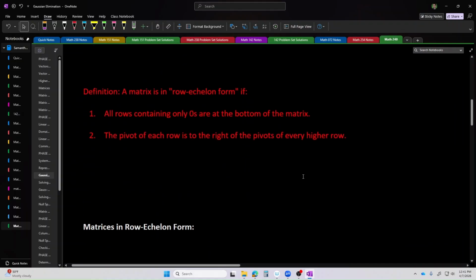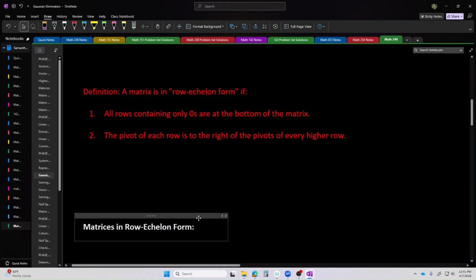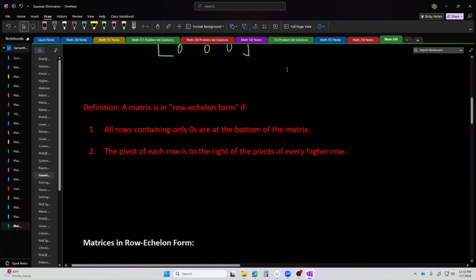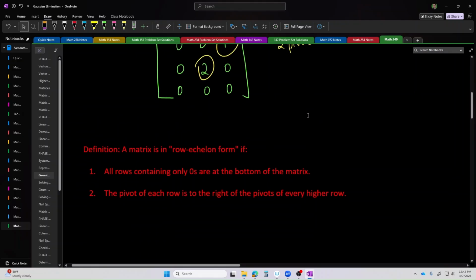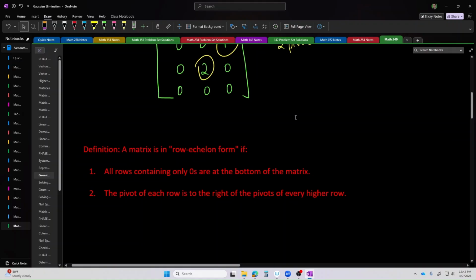And we say that a matrix is in row echelon form if it satisfies the following 2 properties. The first property that must be satisfied in order for a matrix to be in row echelon form is that if you have a row that is full of zeros, if the row only contains zeros, all of those have been shuffled to the bottom of the matrix.